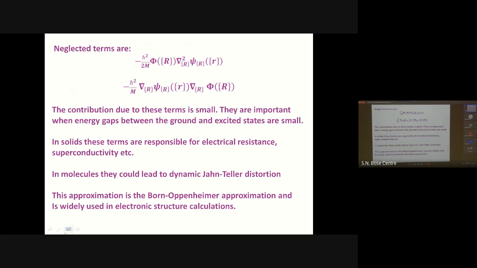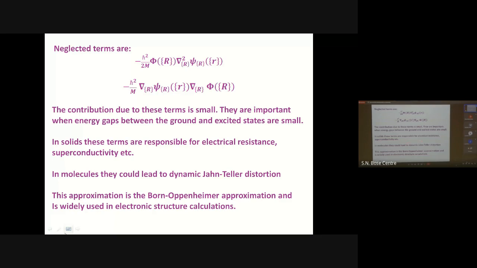So the approximations are pretty good, but there are cases where this approximation does not work. One place is, for example, the metal. In a metal, the electrical resistance comes because of the excitation of the electrons when the nuclei move. That's the electron-phonon interaction.